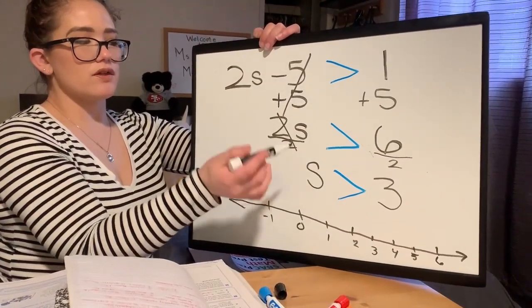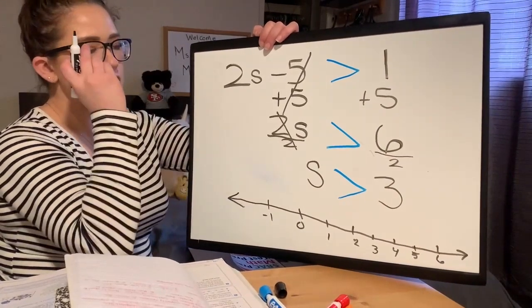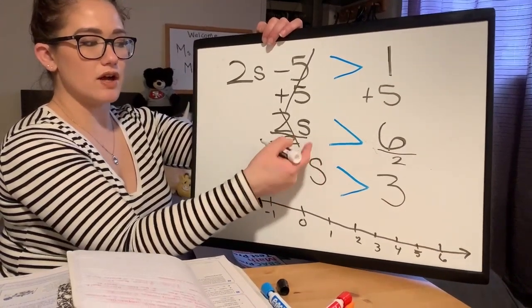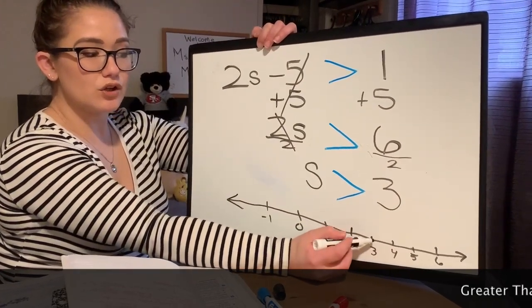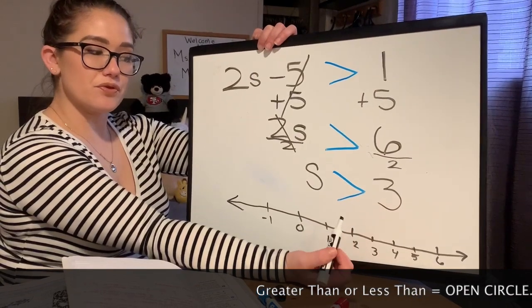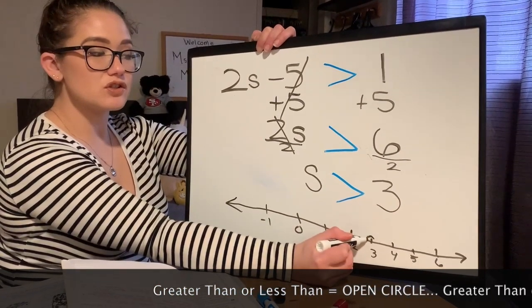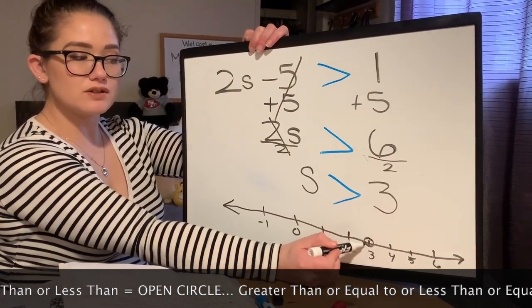So here's where the inequality sign plays a part when we're graphing, because if I had s is greater than or equal to, I can include 3. But since s is greater than 3, I have to just start with 3. So I'm going to mark it with an open circle.